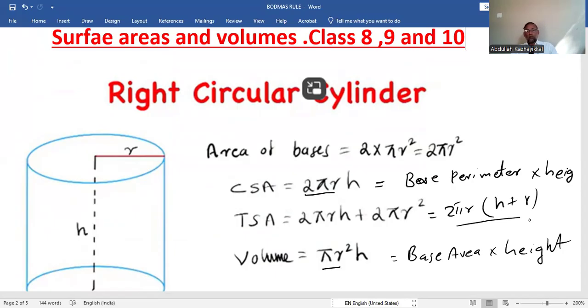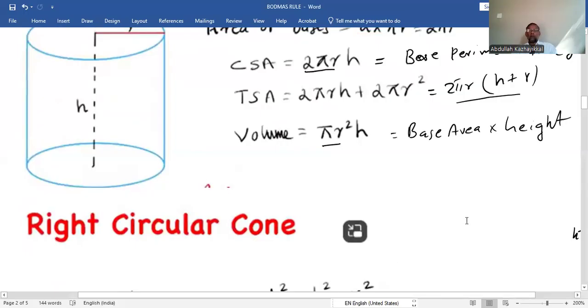So, the CBSE question: find the base perimeter of the cylinder whose height is 10 and curved surface area is 1000.